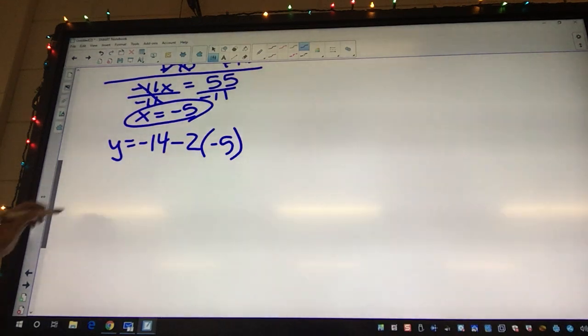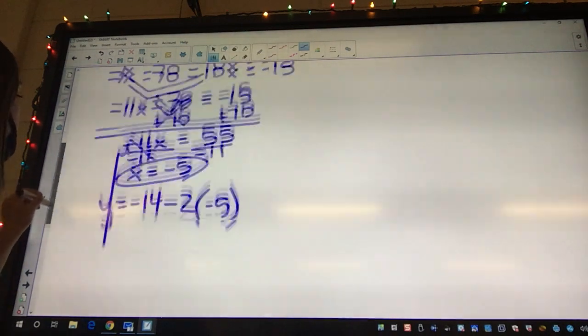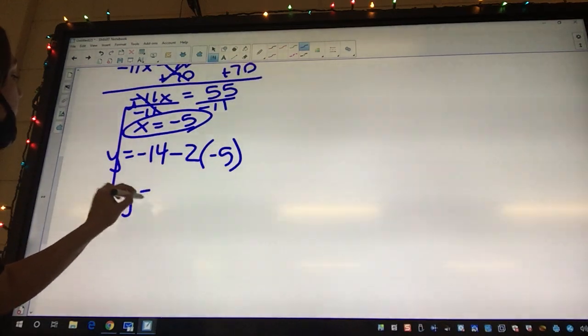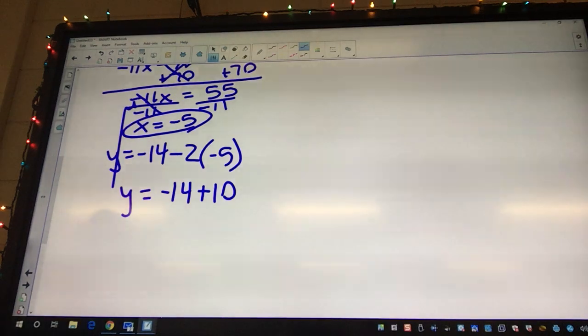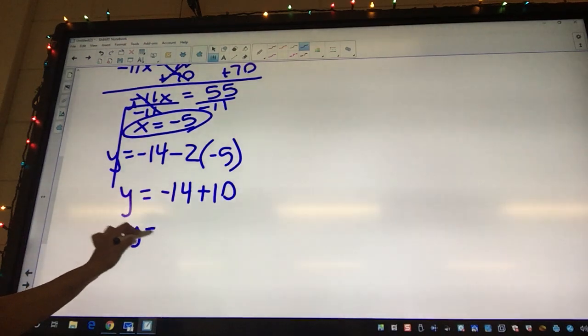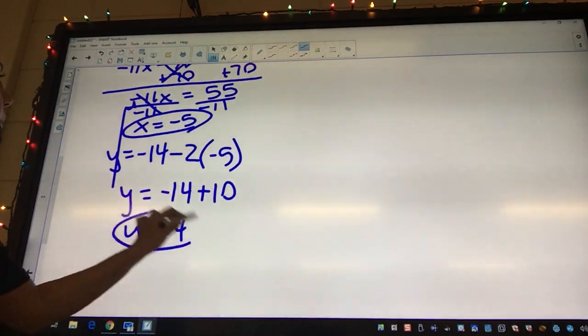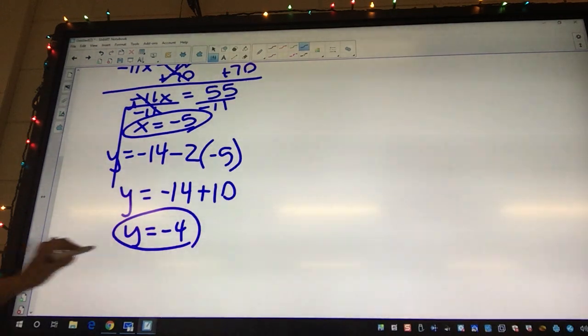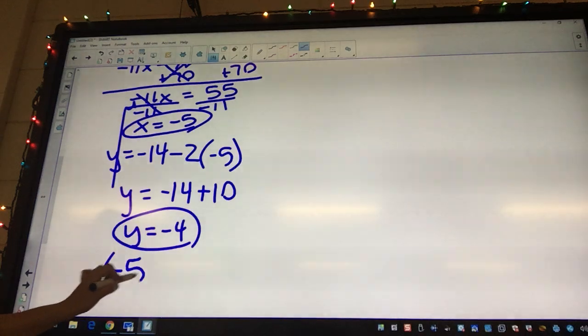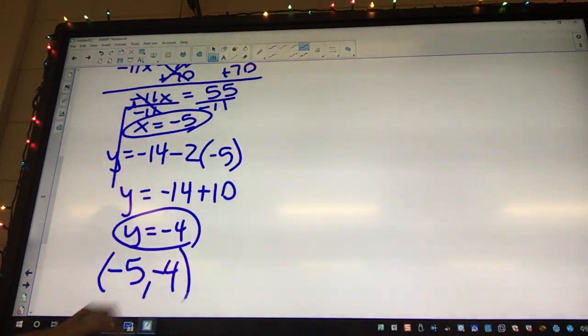Negative 2 times negative 5 is going to give me a positive 10. Negative 14 plus 10 is going to give me negative 4. And so we can write these as a coordinate of negative 5, comma, negative 4.